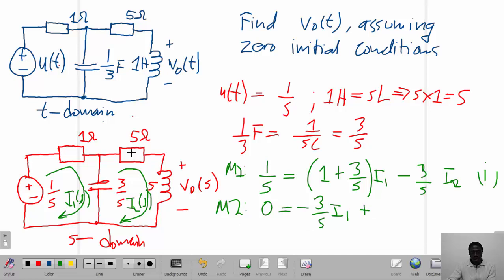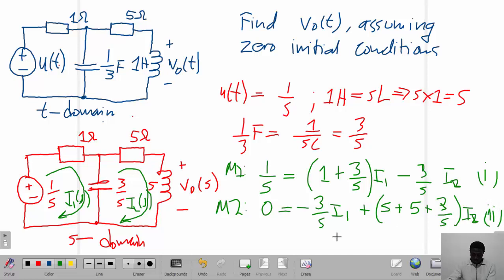We've got the S, we've got the 5, and we've got the 3 over S. That multiplies by our I2. So what we get here is S plus 5 plus 3 over S, and that multiplies by I2, and that is our second mesh.